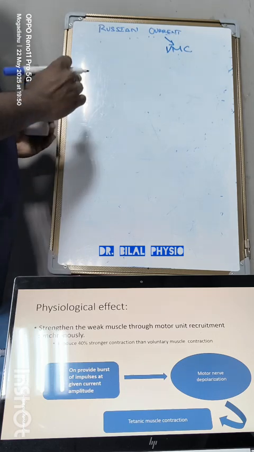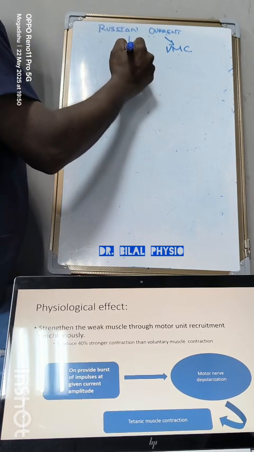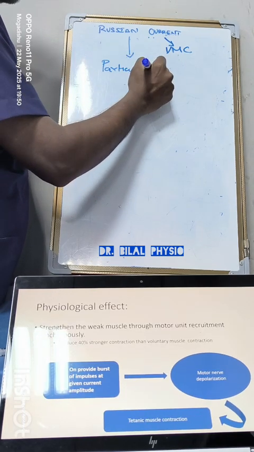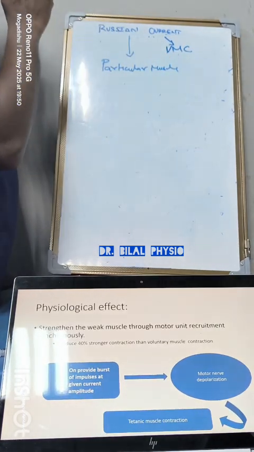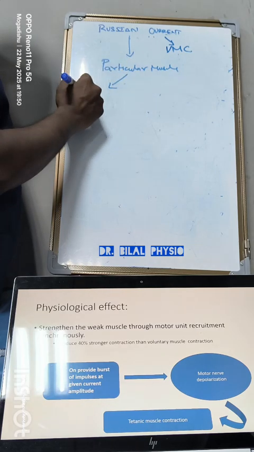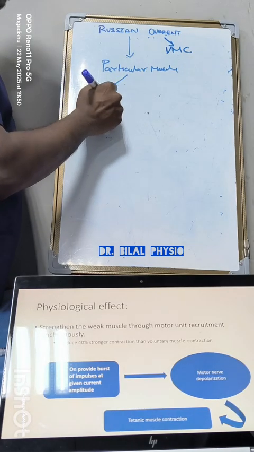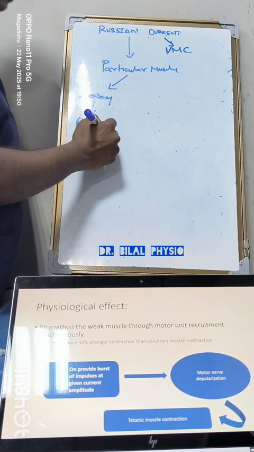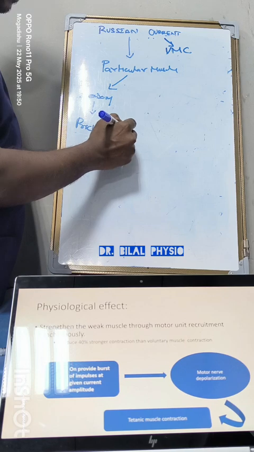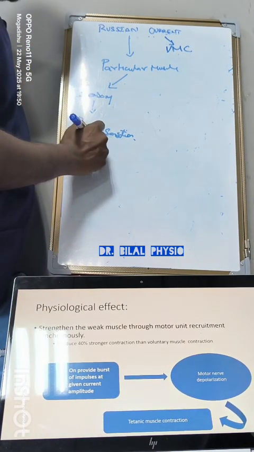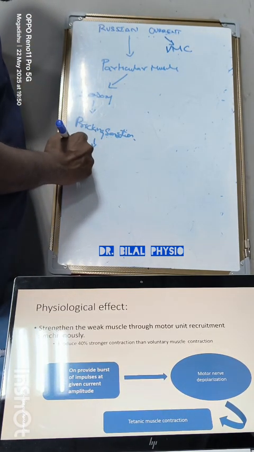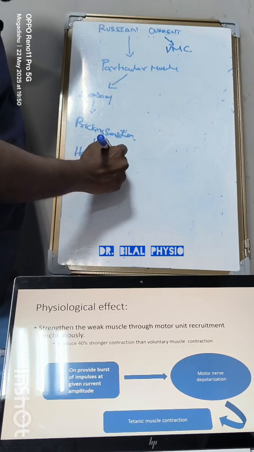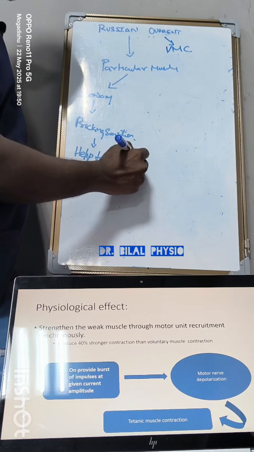So when a Russian current has been applied to a particular muscle, at a sensory level, it causes a pricking sensation, hence helpful for the pain gate, through pain control.